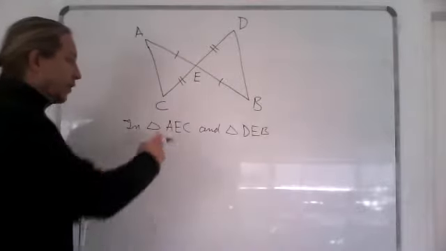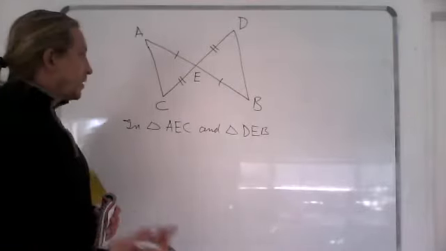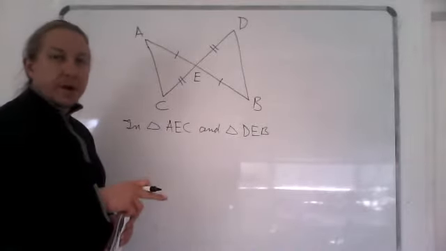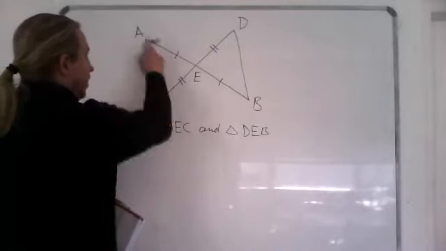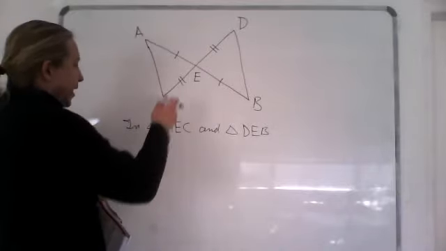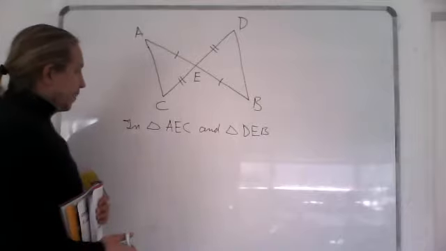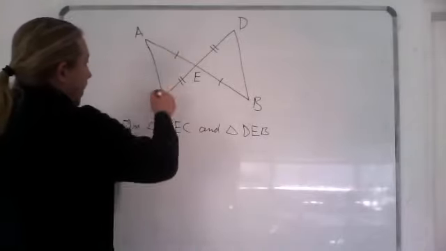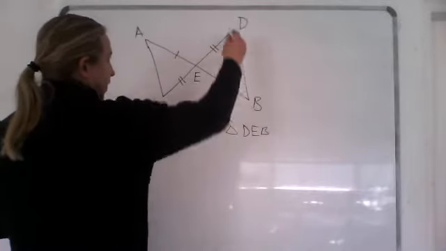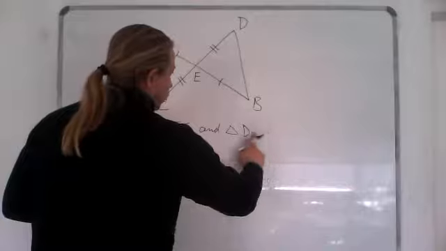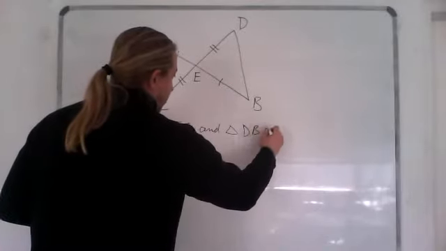Now the order of letters doesn't really matter that much because you're just naming it in order. We could have started with CEA, or we could have said EAC or ACE like I've done here. So for AEC we go clockwise, and here for DEB, let's also go clockwise. So I'll call this one DBE.